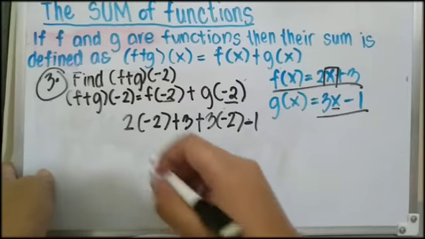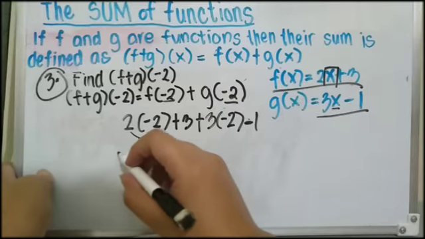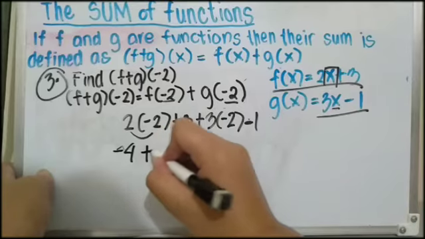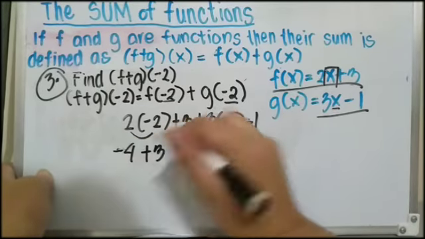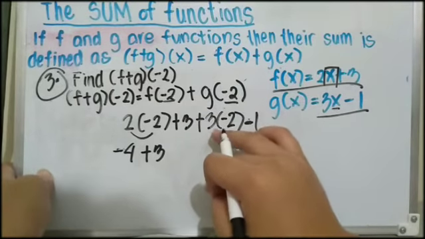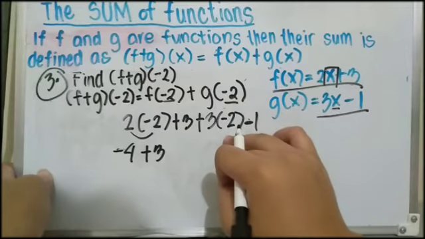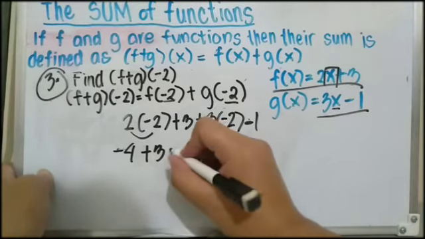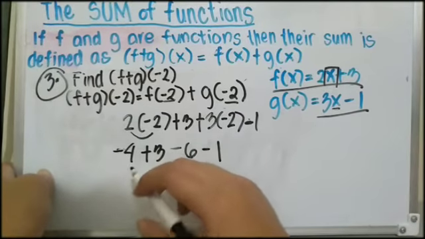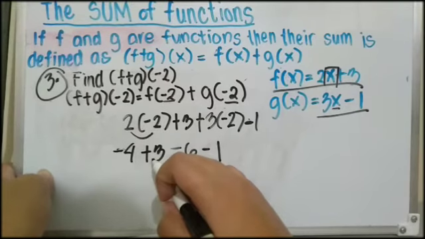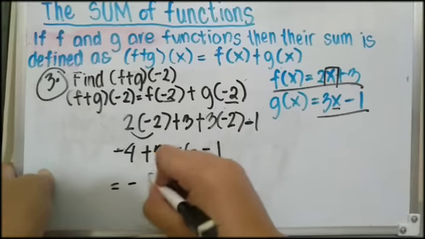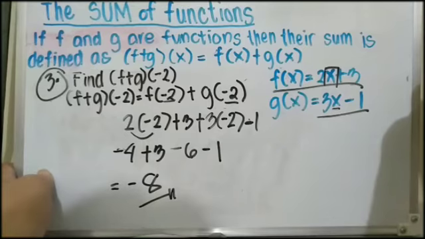So all you need to do is to multiply. 2 times negative 2 would be negative 4 plus 3. Next is 3 multiplied by negative 2, that would be negative 6 minus 1. So negative 4 plus 3 minus 6 minus 1 is equal to negative 8. As you can see, it's very simple.